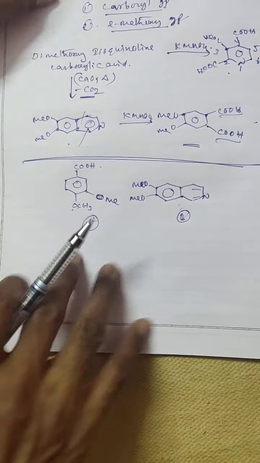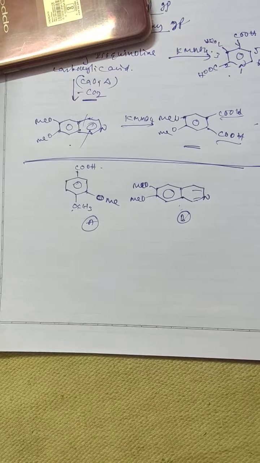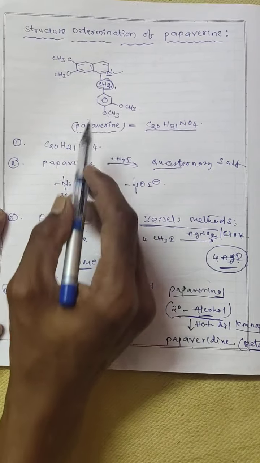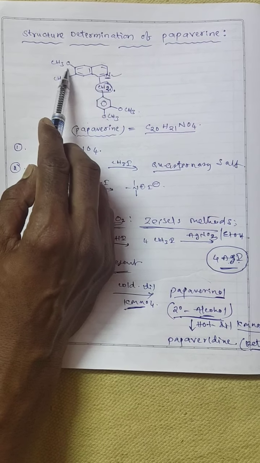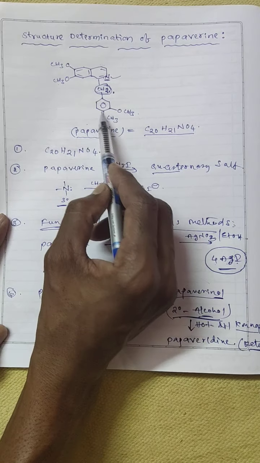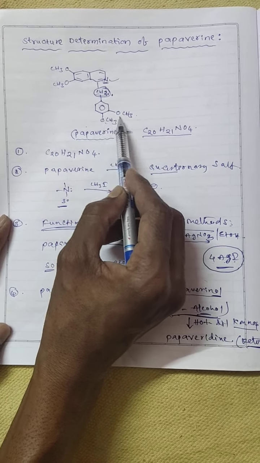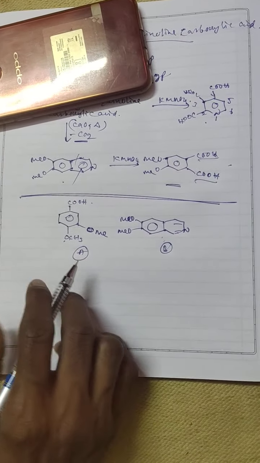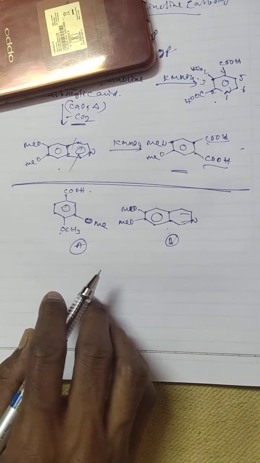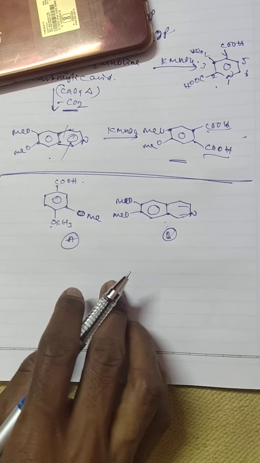So in papaverine structure in last class, in papaverine there are 4 methoxy groups, right? One component contains 2 methoxy groups and another compound contains 2 methoxy groups each. So the linkage cannot be through the methoxy group.